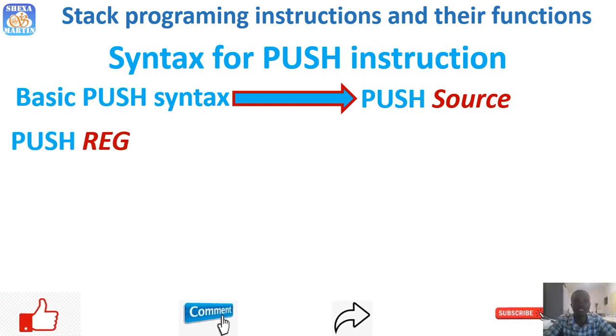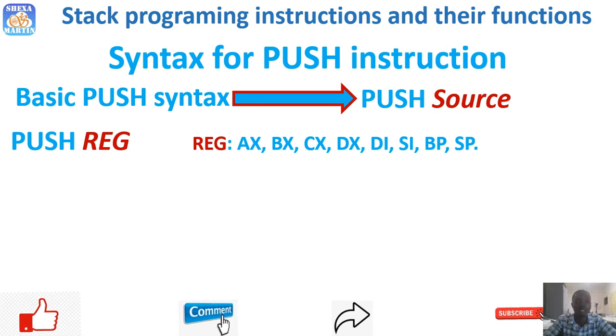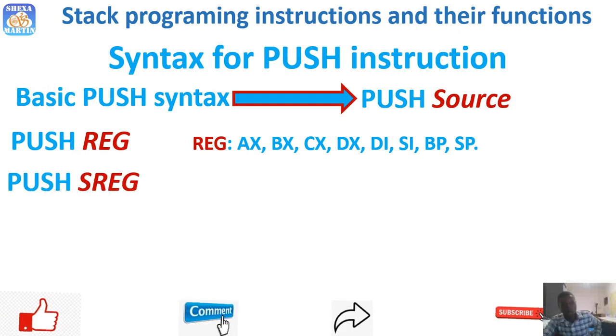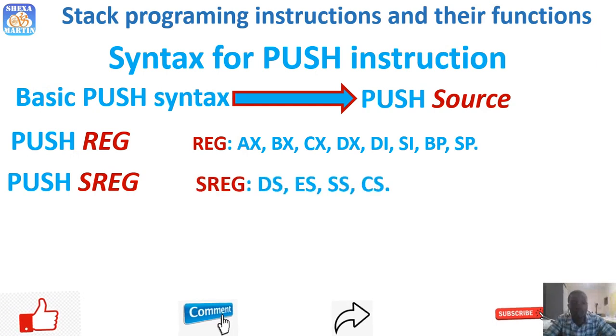So push reg, and these are the registers that you can push data to the stack from. And then we have push segment register, and these are the segment registers that you can use to push data to the stack.